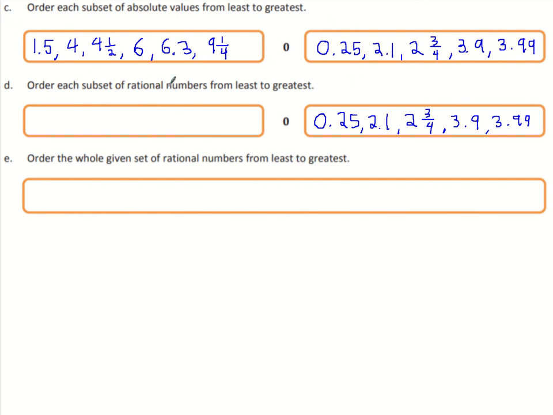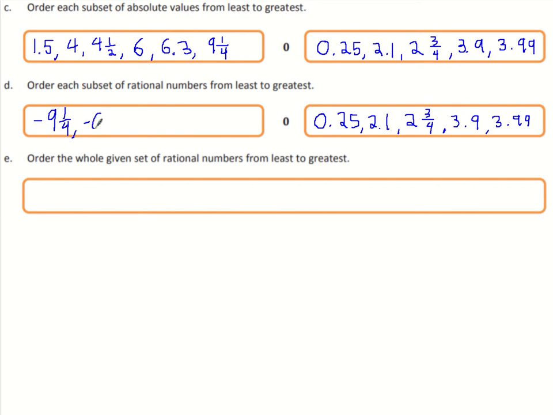So we just put together our order of absolute values. If I'm about to do my negative numbers, what I'm going to need to do is the opposite of this list. So my first number is going to be negative 9 and 1/4.